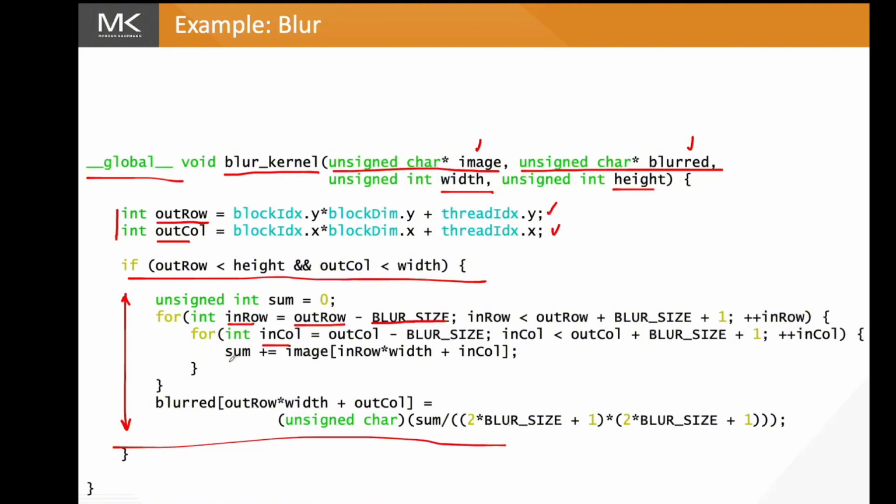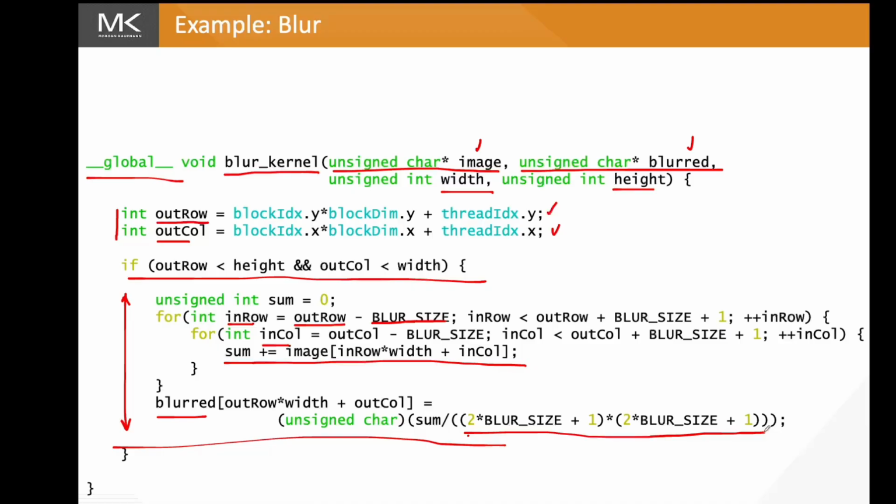What we do here is compute the sum. So we take the sum of all the surrounding pixels, and then when we want to store that sum into the blurred image, we just need to take the average. And this statement shows the number of pixels that we use for the average.